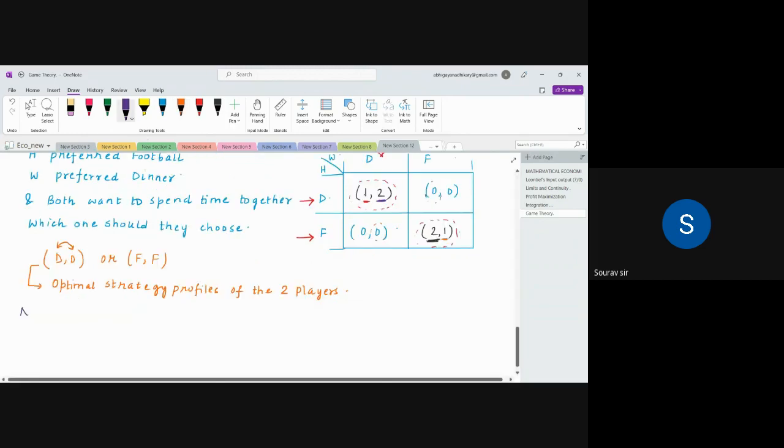And note one thing, in game theory, multiple optimals can be obtained, and even no optimals can be obtained.